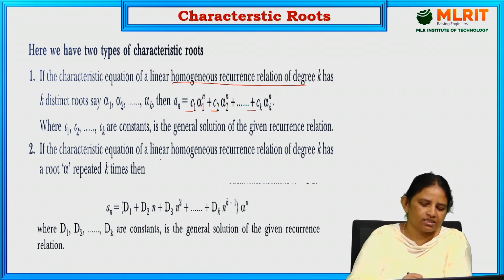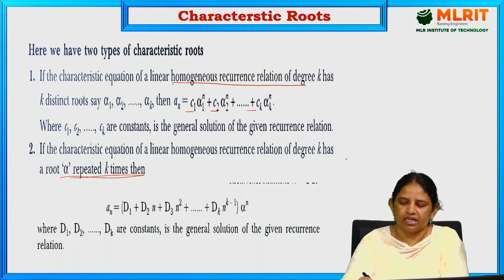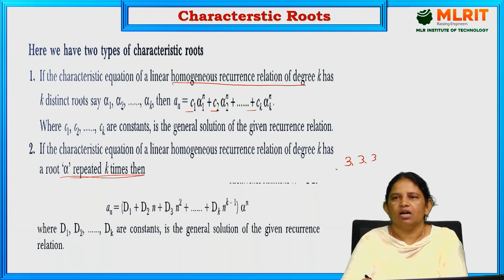Suppose the characteristic equation of the linear homogeneous recurrence relation has repeated roots, that means 3, 3, 3, like that. It is a repeated root.